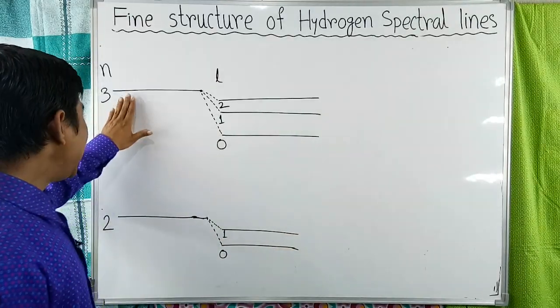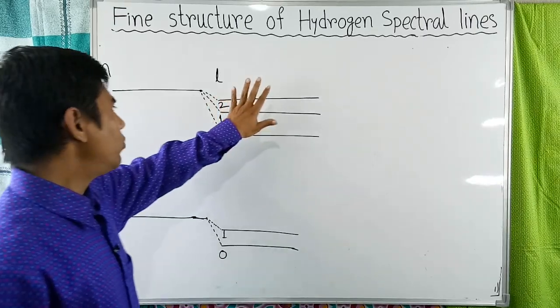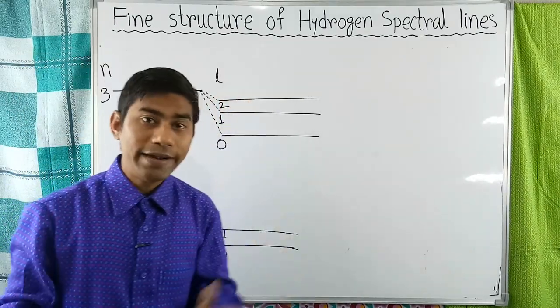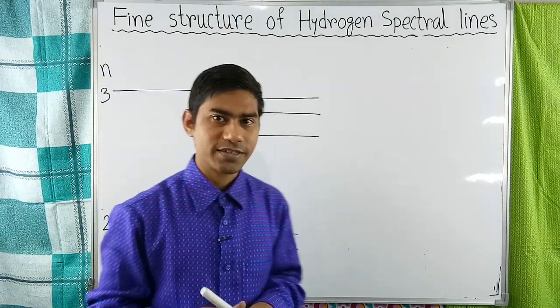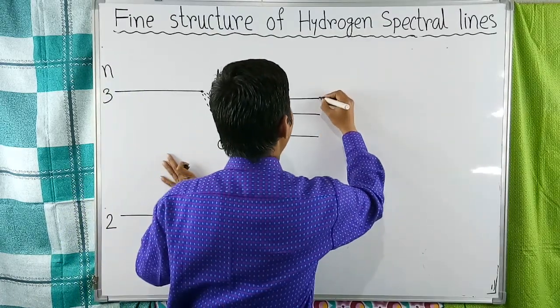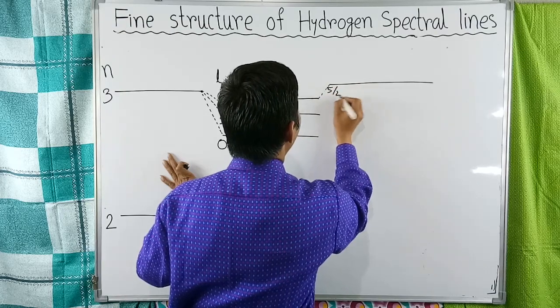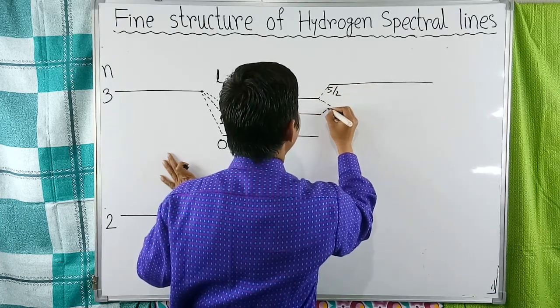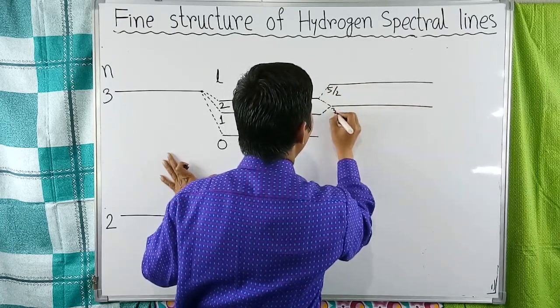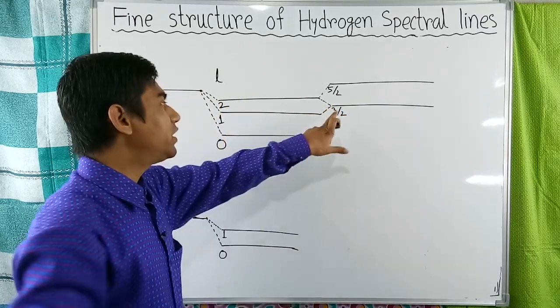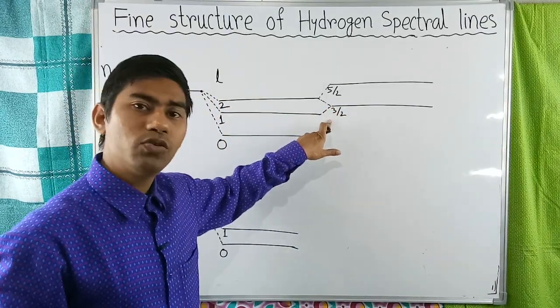Now for n equals 3, the L equals 2 level is divided into 2 sublevels. One level is 5/2 and another is the coincident energy level for 3d 3/2 and 3p 3/2.